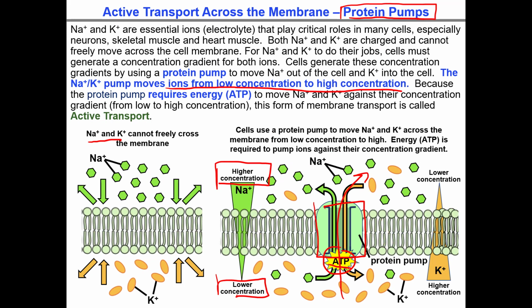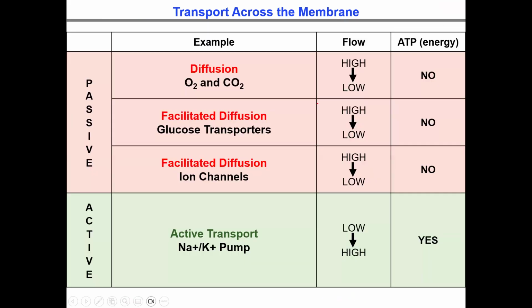Okay, so again, when it comes to protein pumps, we're using ATP, adenosine triphosphate, to take whatever we need against the concentration gradient. So it's going from an area of low concentration to high concentration. And again, this is going to require ATP, or our adenosine triphosphate.